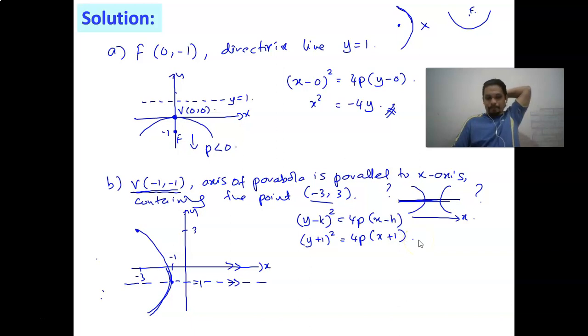And the other coordinate is the value that we are going to substitute into this equation: y equal to 3, x equal to negative 3.